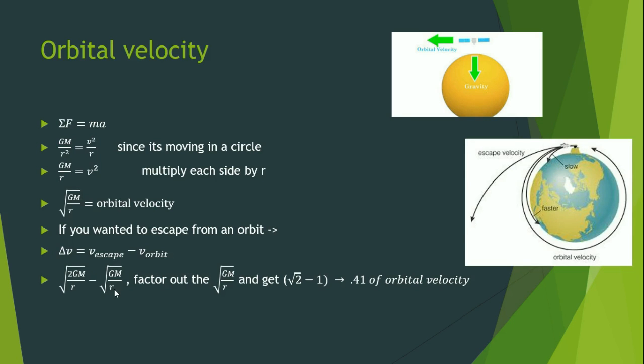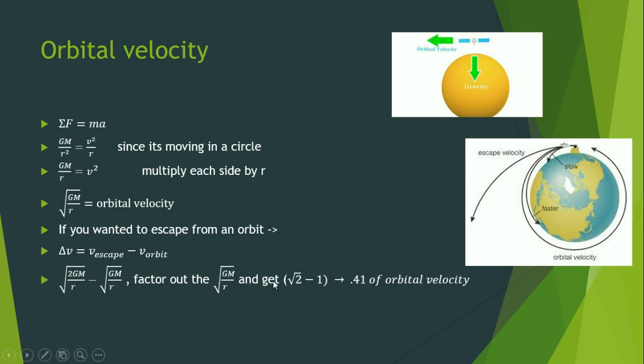So we want to factor out this term, the square root of GM over r. If we do this, this one has a 2, and this one just has a 1. So we get the square root of 2 minus 1, and that is the difference between the velocities here.